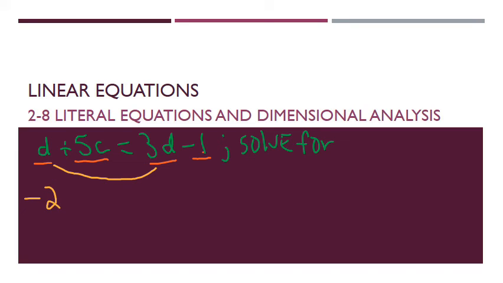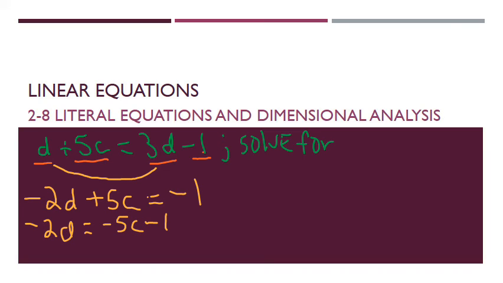But that's going to give me, when I subtract 3D from D, minus 2D plus 5C equals minus 1. Now I can subtract this 5C from both sides of the equation, and when I do, I get minus 2D equals minus 5C minus 1.